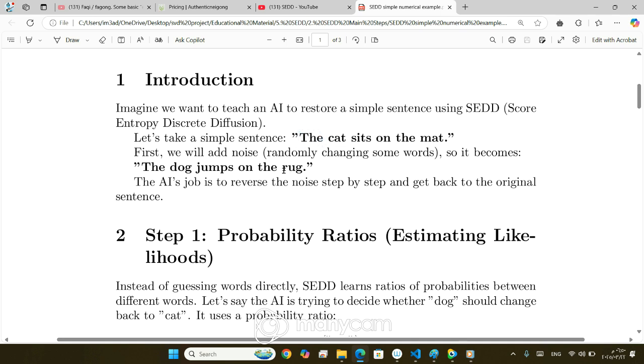And we will predict the probability for each word in the vocabulary at this position, and this position, and this position. Now, the beauty about the probability is that it does not have to be discrete. It can be continuous because all the mechanisms in the diffusion process are continuous. So, in this way, we can work with continuous values, no problem.